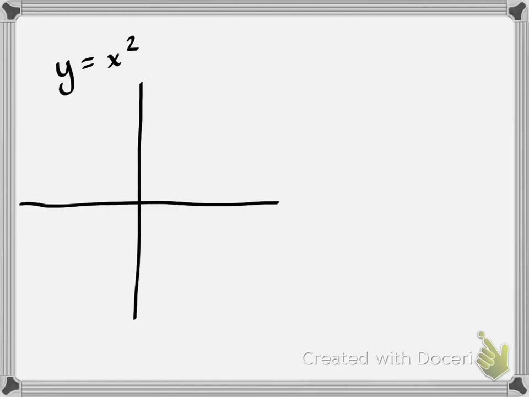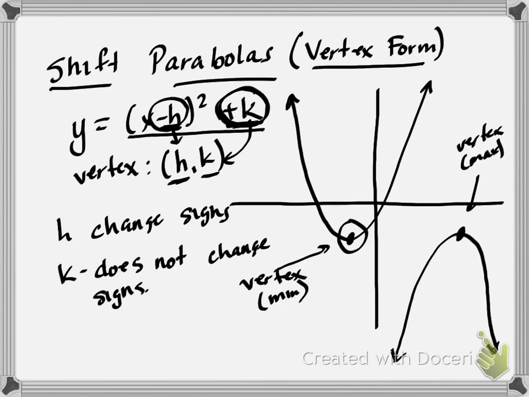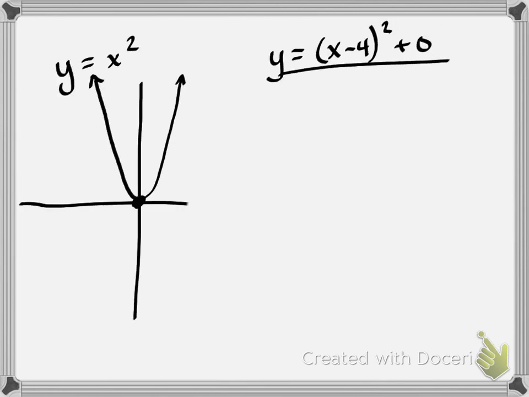All right, so if we have y equals x squared, notice this does not have an h, this does not have a k, and what that means is the graph is going to be centered right here at 0, 0, and it's going to look like this. Now when we shift this, let's say that we have y equals, and then in parentheses, x minus 4 squared, like this. Okay, you can think of this as plus 0 so that we know what k is, because this is now in what we call vertex form.